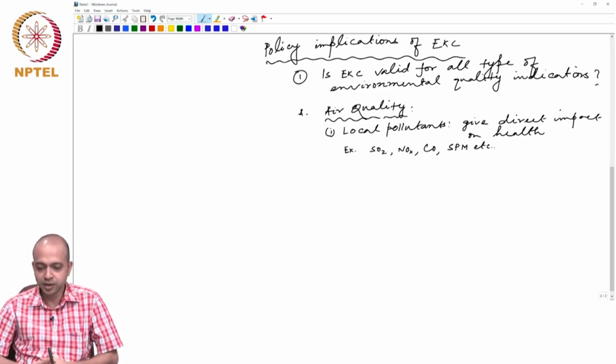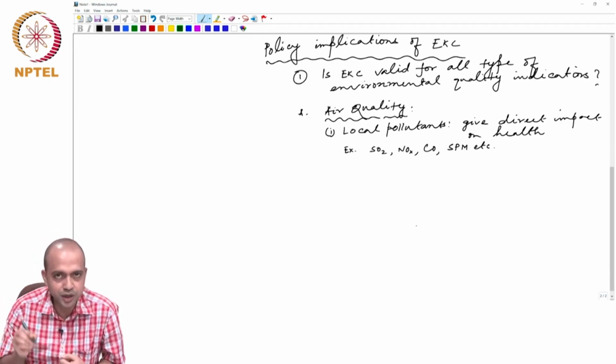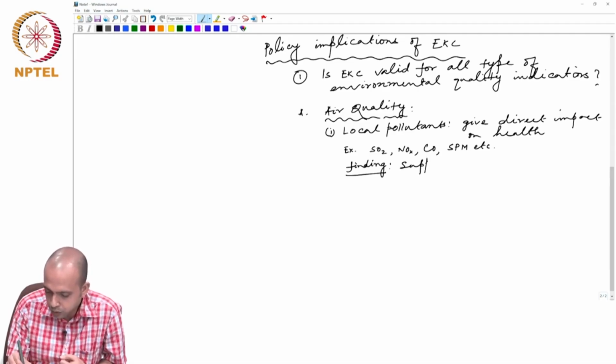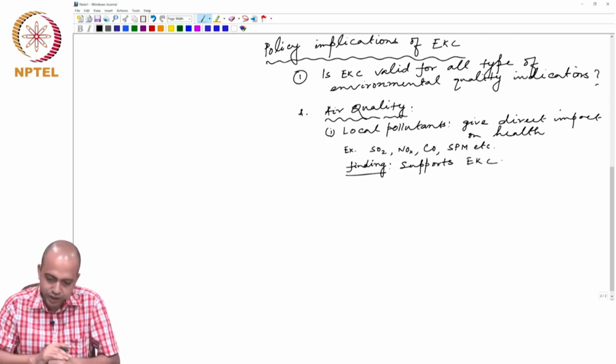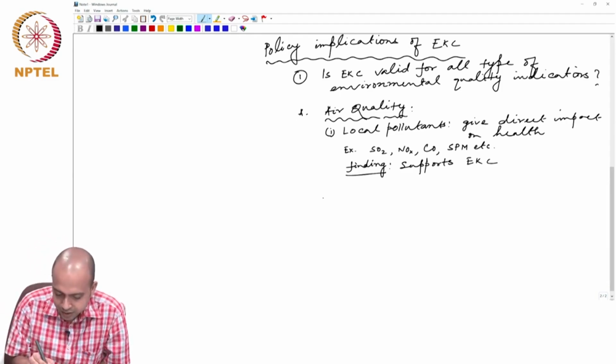They have direct health impact, and when these types of indicators are used to measure environmental quality, the finding supports EKC. So, that means for local pollutants the EKC hypothesis is valid, right. And the second type of pollutant is global pollutant.